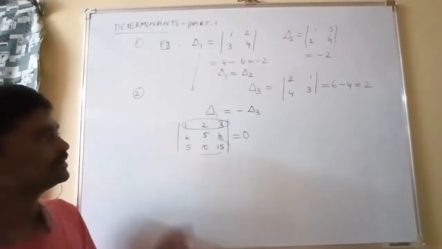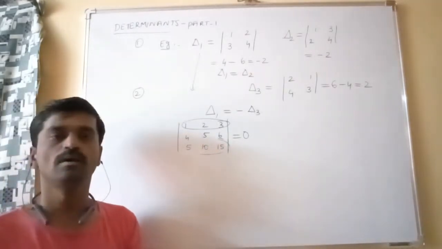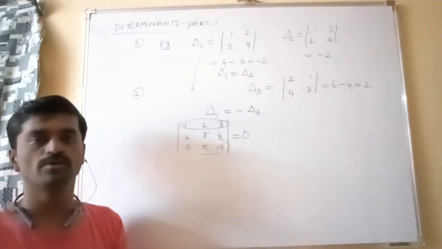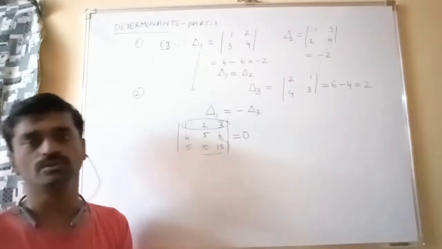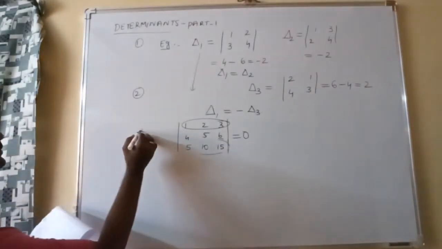Suppose here you have 1, 2, 3, and you multiply the first row by 5. What you will get? 5, 10, 15. If 5, 10, 15 is the third column's elements, even in this case the value of the determinant is 0. That means if any two rows or any two columns are identical or proportional, in both cases the value of the determinant will be 0. This is the third property.